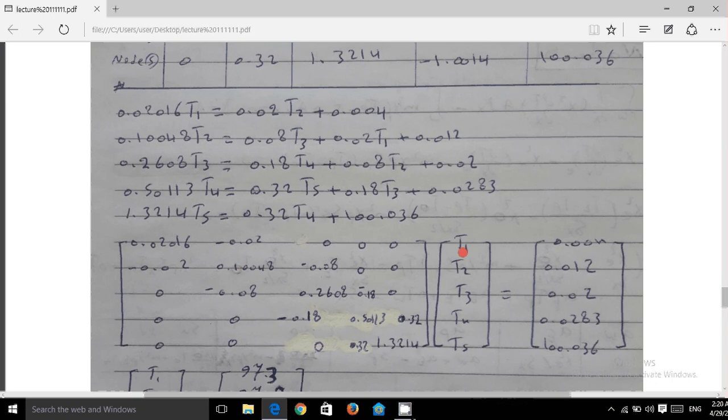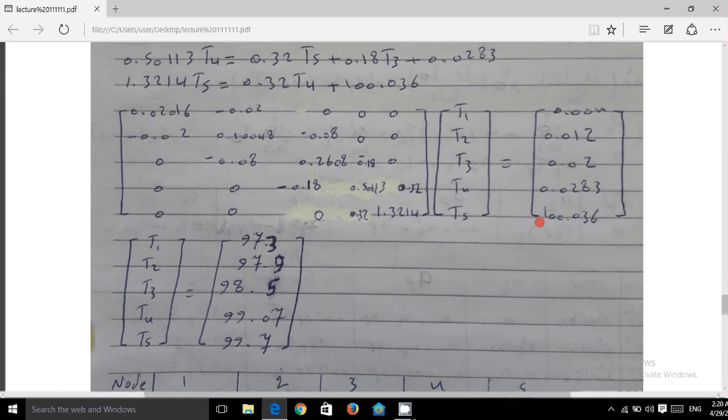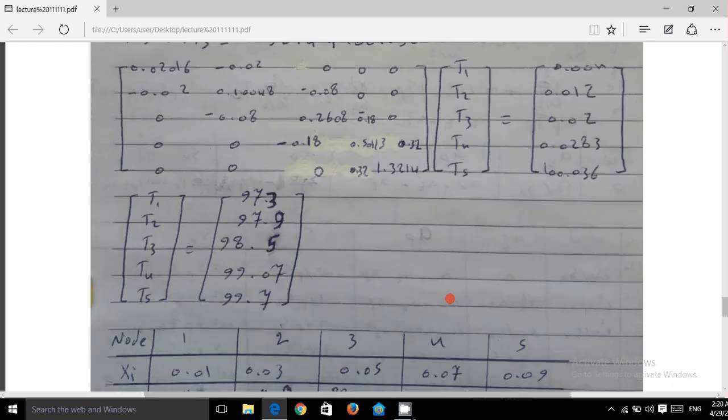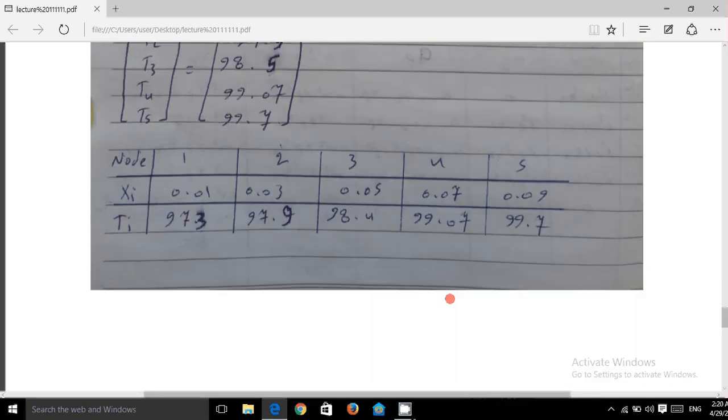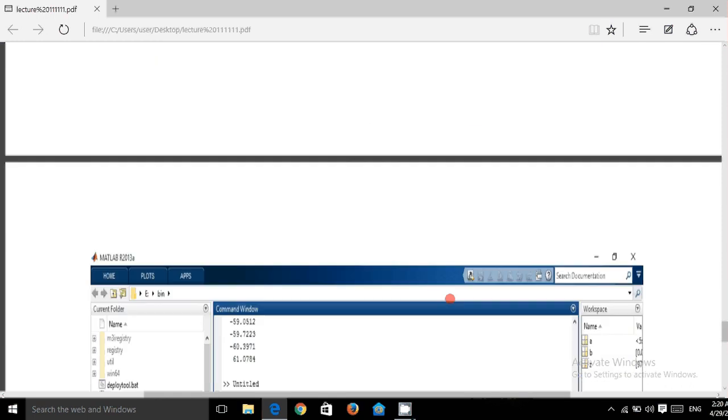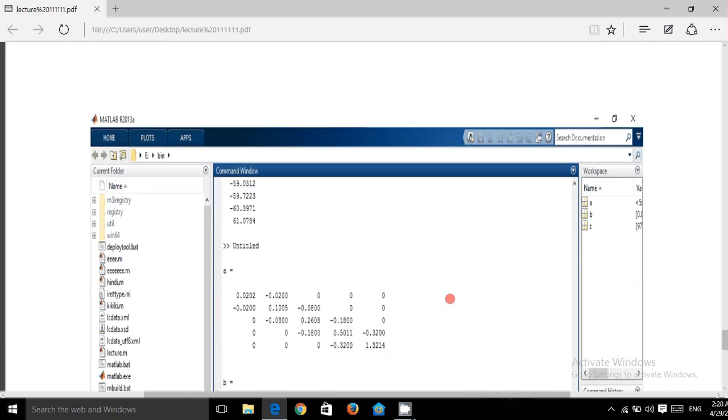Then you will multiply it by the variable that you want, or multiply by the temperature that you want to find. It is equal to the B matrix. Then we will find the result. The result you can find by using a scientific calculator or by using any program.